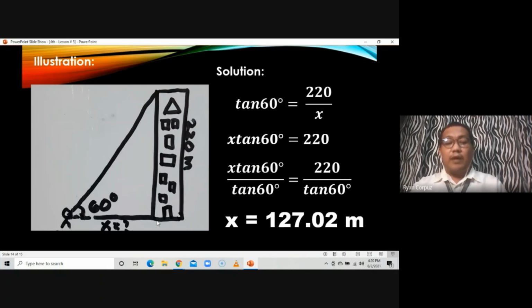So, take note when you are answering verbal problems or real-life problems involving right triangles or kahit anong problems, once you've seen a unit of measurement in the problem, your answer must come up with the unit of measurement also, same as the unit of measurement in the problem. Kasi kapag wala, it's just like you are answering a simple problem. Diba? So usually nga ang ginagawa natin kapag nagsasagot tayo ng verbal problems, meron tayong conclusion.